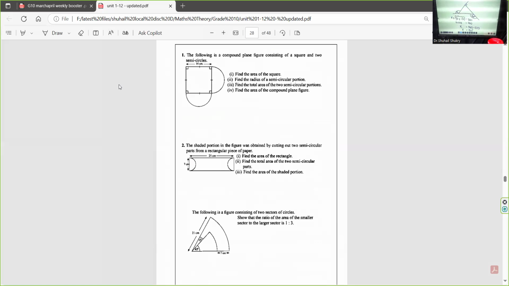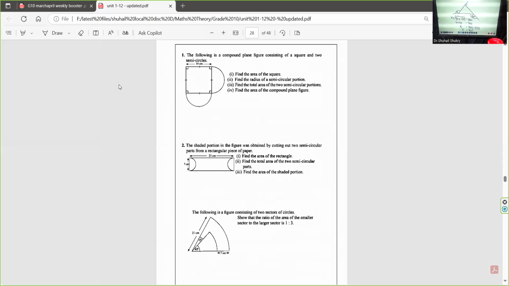All right, come to this page, page number 28. First of all, I'll discuss these three questions, carefully listen. After that, I will go to the question which is in week 4, the area part, then you will be okay.